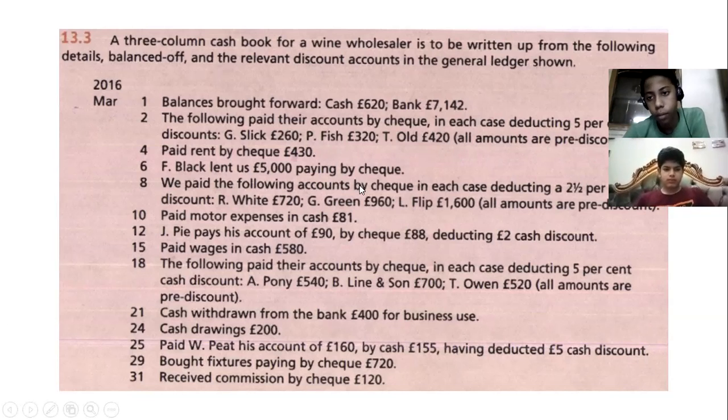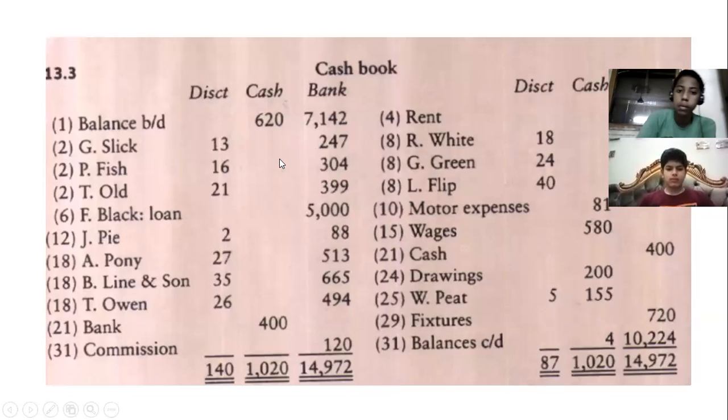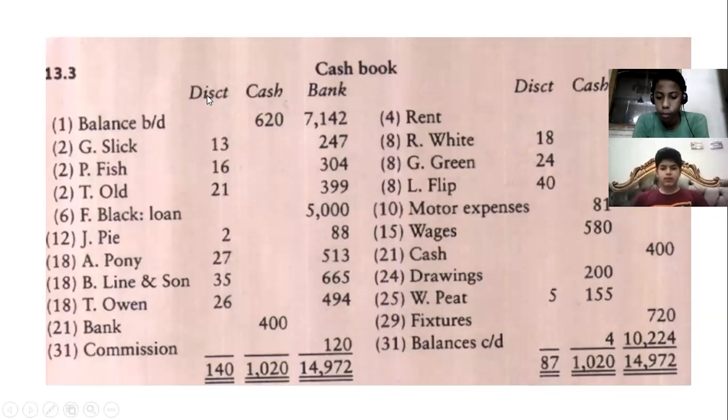So we take 5% of 260, which is 13. And you have to write on the debit side the discount, which is discount allowed. Is it clear to everyone?